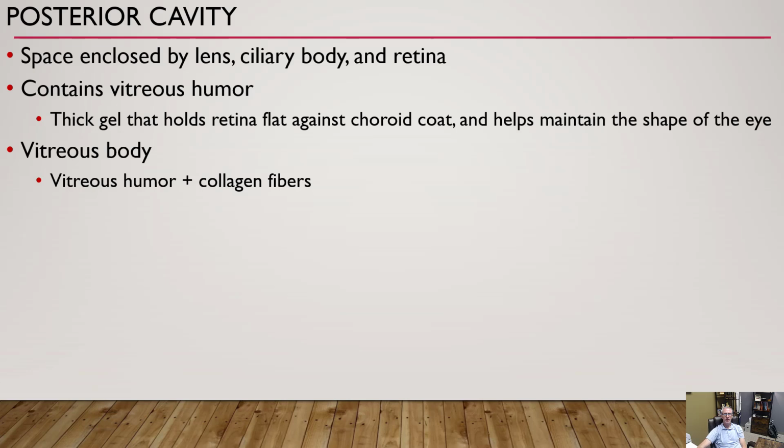And then we have a posterior cavity that contains this vitreous humor. So the anterior contains aqueous humor, which is watery. The posterior cavity contains vitreous humor, which is more thick. It's a gel-like fluid.